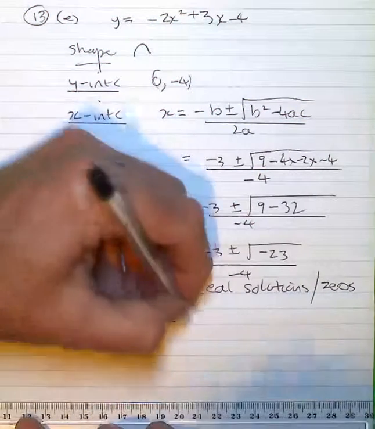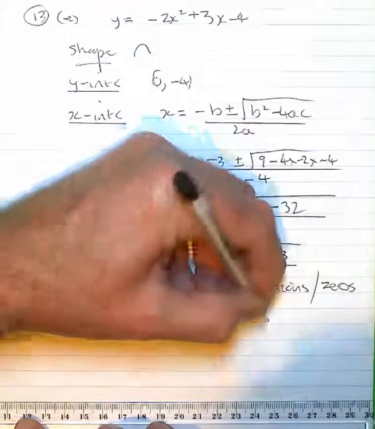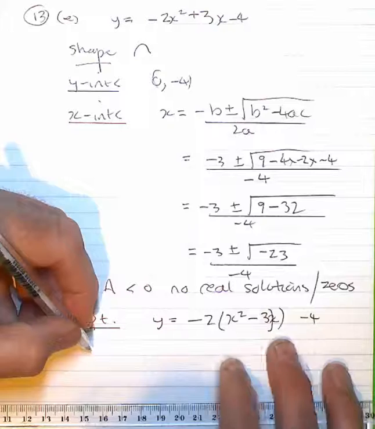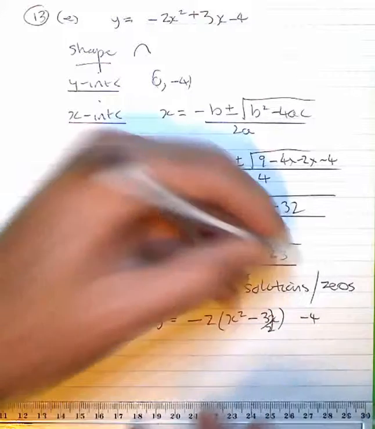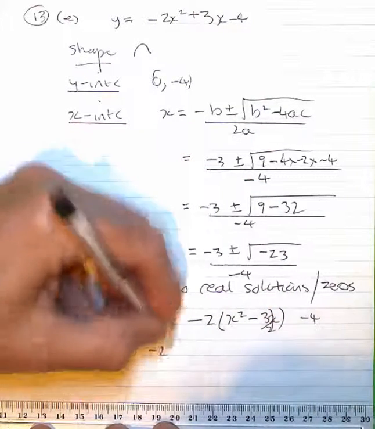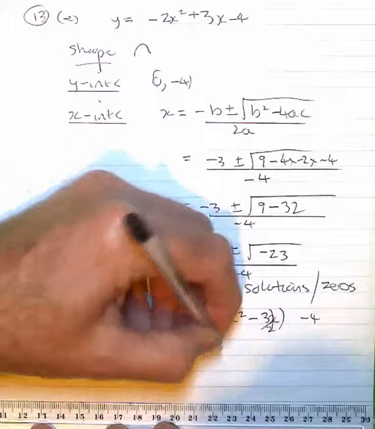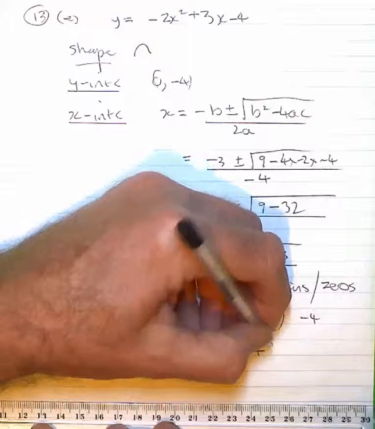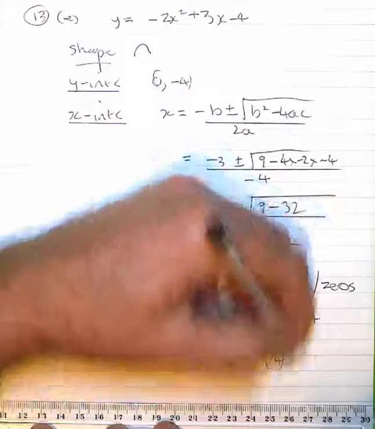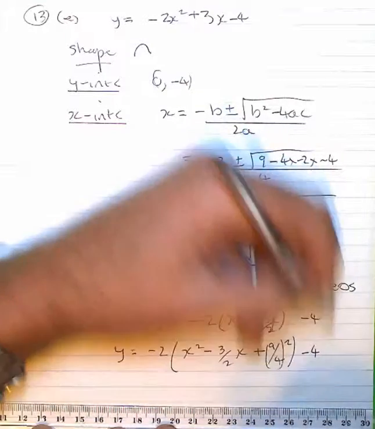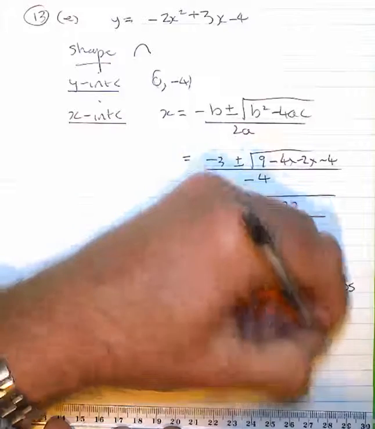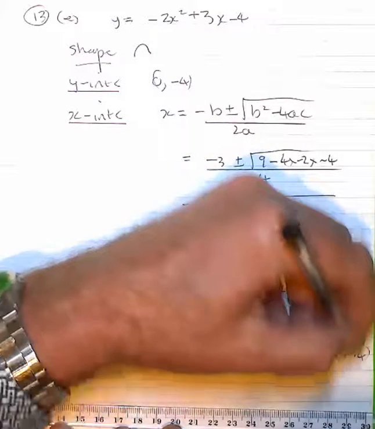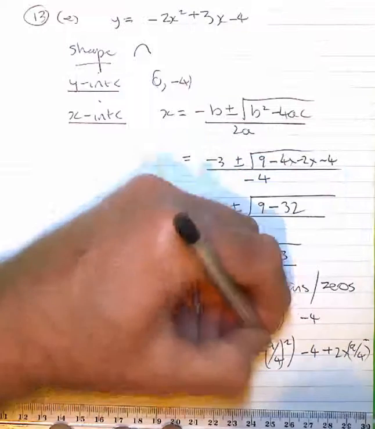So when I do that, taking the negative 2 out, halving and squaring the negative 3 over 2, now when we go ahead and do that, that ends up being plus 2 by 9 over 4 all squared. 3 over 4 all squared, I should say.